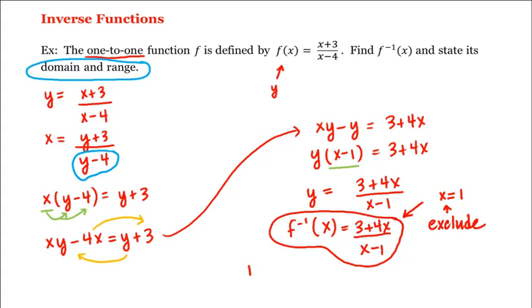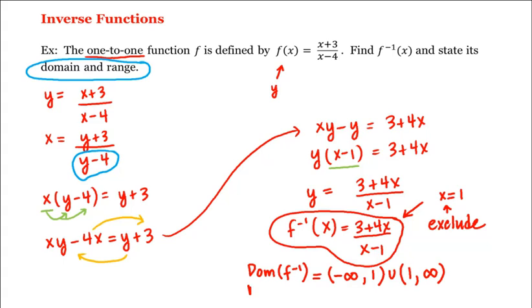That is, the domain of f inverse, written in interval notation, is equal to negative infinity up to 1, open parenthesis because we want to exclude 1, union, again, open parenthesis at 1 because we want to exclude it, up to infinity.